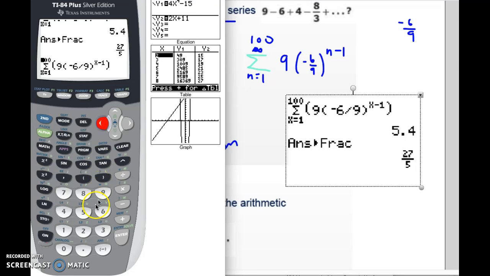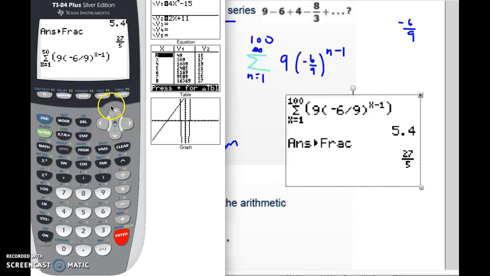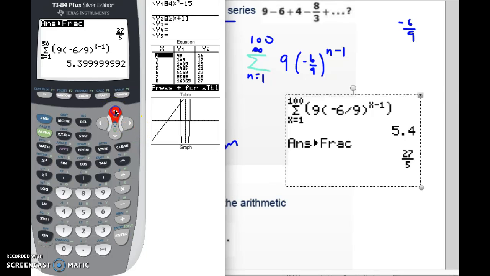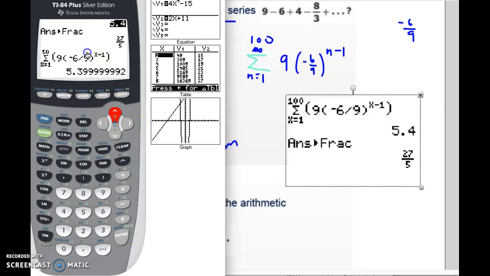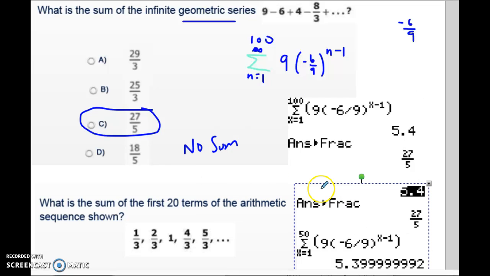If the number keeps growing really big, then it means it would have no sum, right? But since we had a 5.39 and a 5.4, those are definitely very close to one another, which is why we know that this is the sum. All right, so that's how you do your infinite sums on your calculator using your sigma notation.